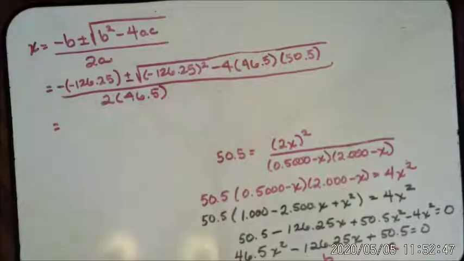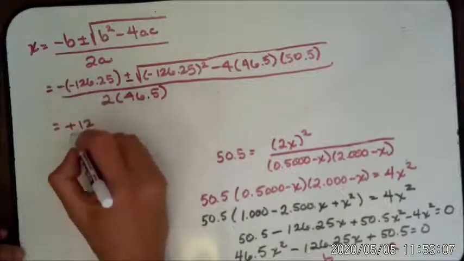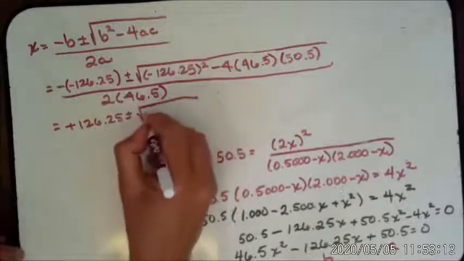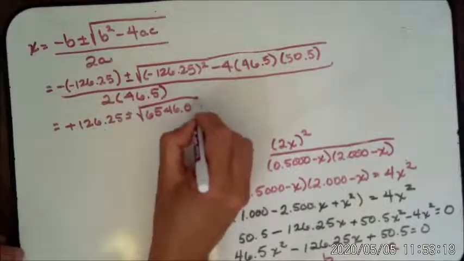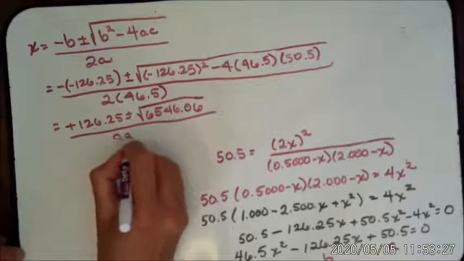So what do we have? 126.25, square that, and then minus the 4 times 46.5 times 50.5 equals, so I get, minus times minus is positive, 126.25 plus or minus the square root of 6,546.06, divided by 2 times 46.5, 93.